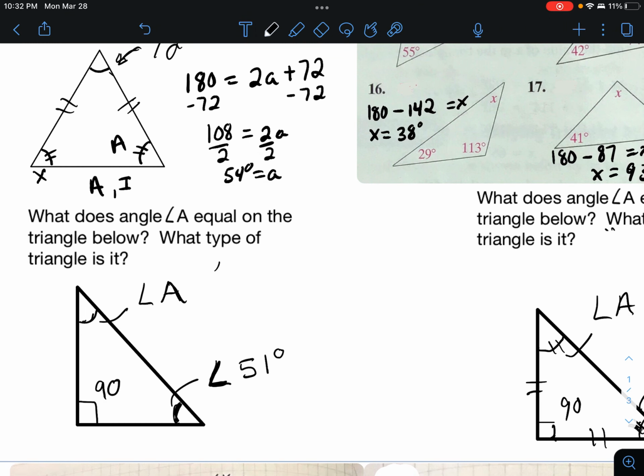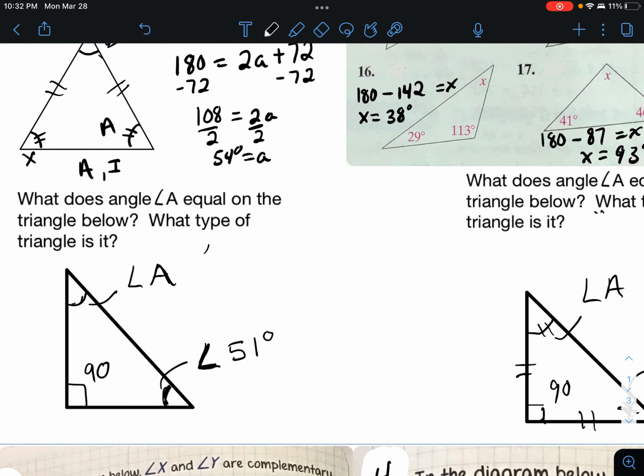All right, so continuing on. So same thing, we're finding the missing angle, and then we are labeling it. So here we know that 180 is equal to 51 plus a plus 90. So 180 is equal to a plus 141.